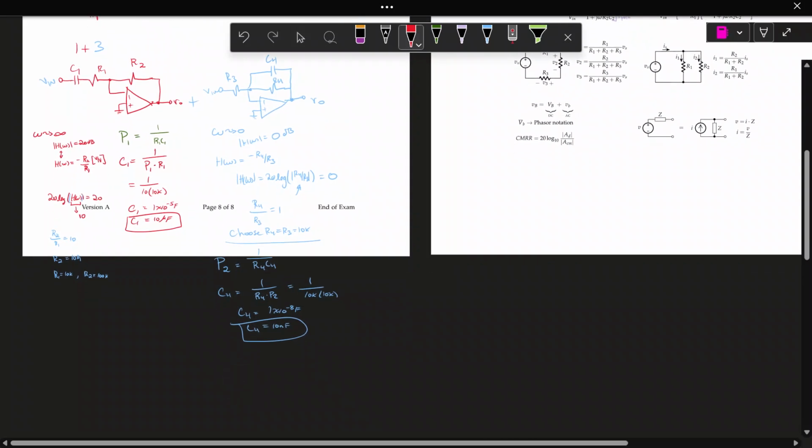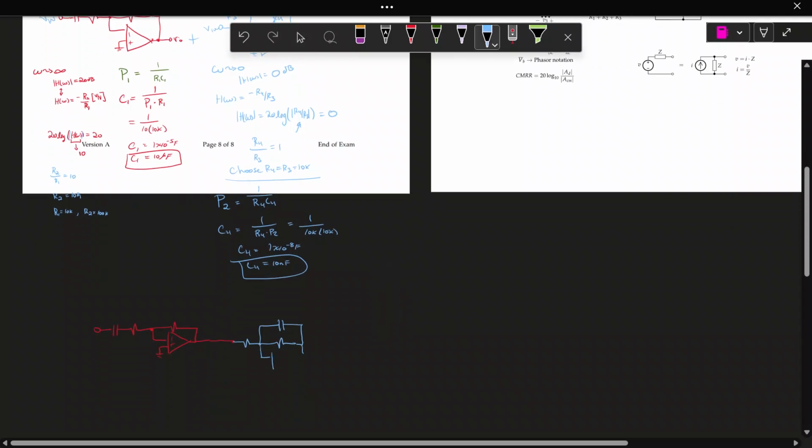So let's put 1 plus 3. Let's do this here. Okay, so we have this here, minus plus, and we just put these together. We don't have to worry too much about it. And this is ground, and now we put in 3. Okay, and we draw this.